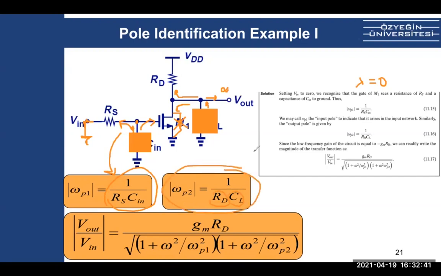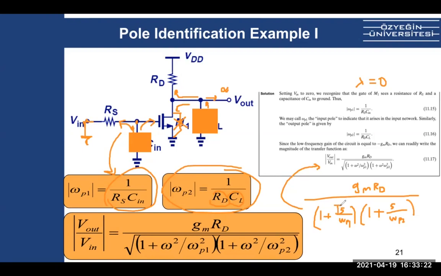If you write the characteristics, this will be 1 plus S over omega P1 and 1 plus S over omega P2 at the denominator. If you want to look at the absolute value of this, it's complex: 1 plus complex terms. Instead of S, you can write j omega. I just got used to writing S as j omega, I'm sorry.